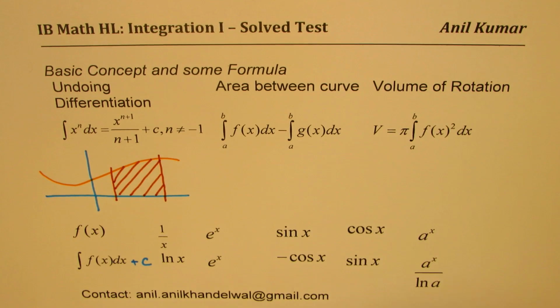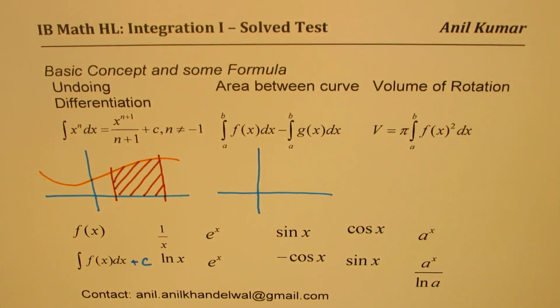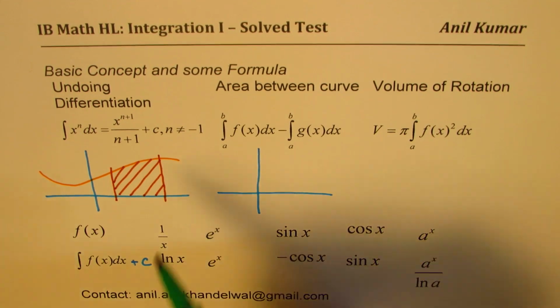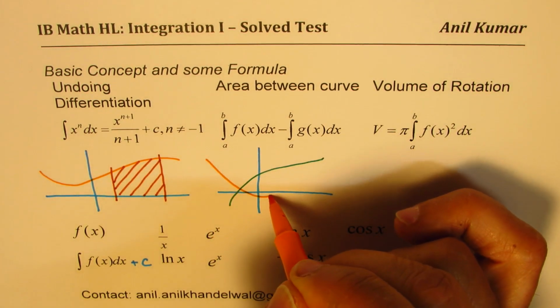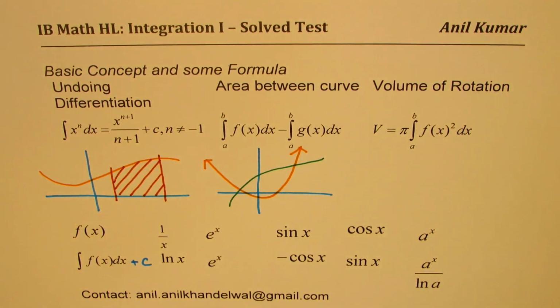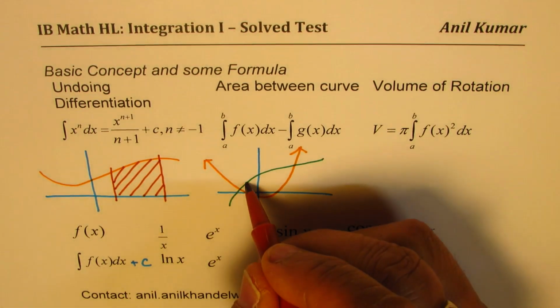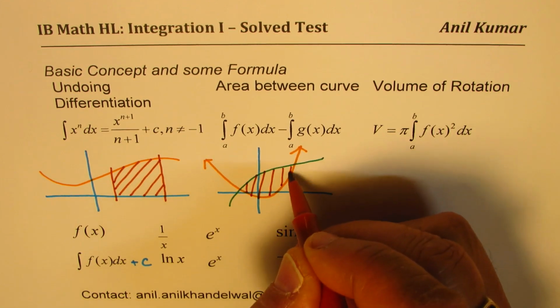The other type of questions could be area between two curves. For example, we could have a curve like this and another curve like this, where you need to figure out the points of intersection and then find the area between the curves.